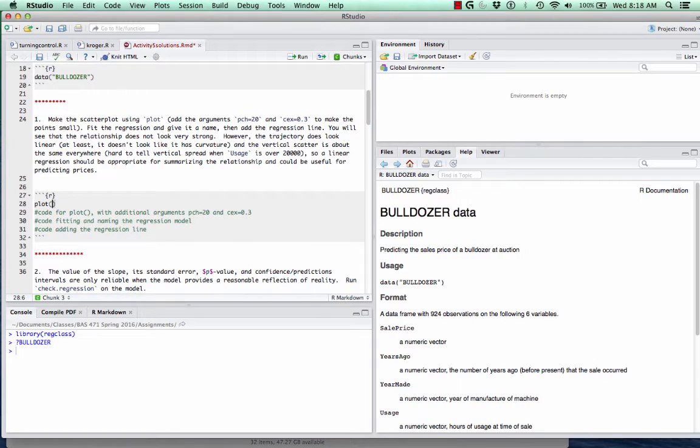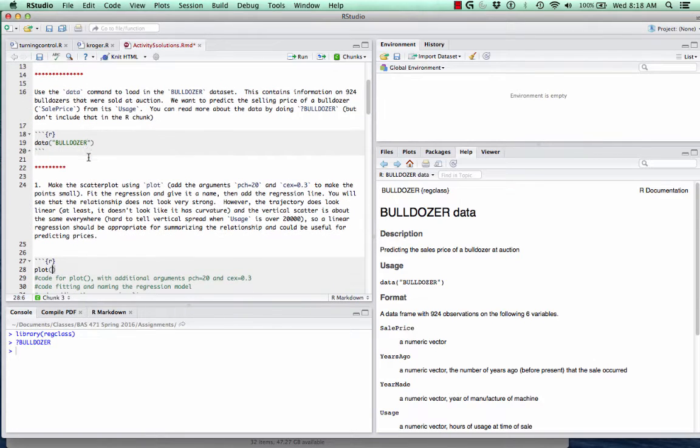In this case, we're interested in predicting sale price from usage. So I know my y variable is sale price, so y twiddle x. Usage is my x variable. And then I say what data the variables live in, bulldozer. And I'm just going to add in PCH and CEX equals 0.3.